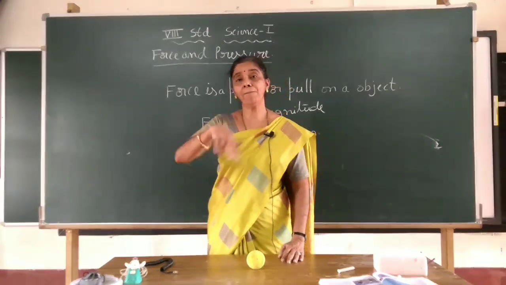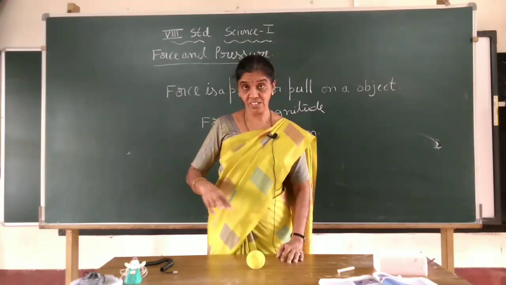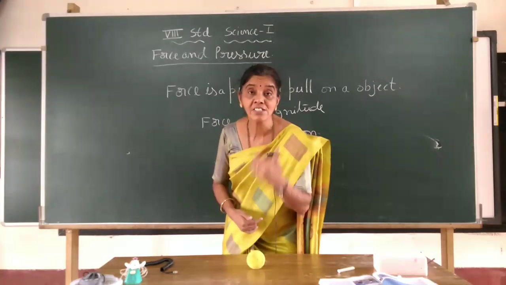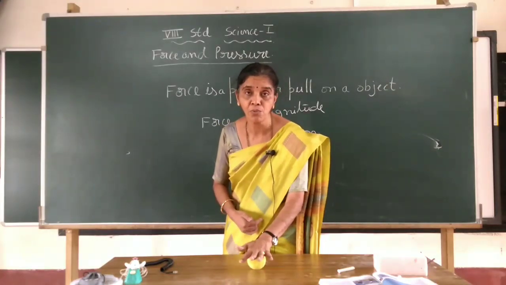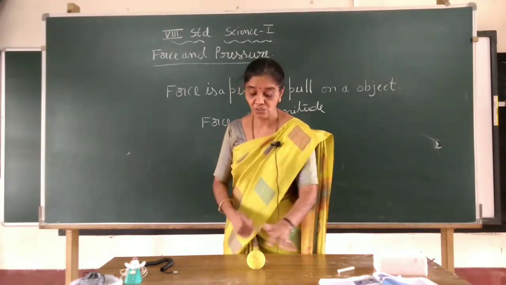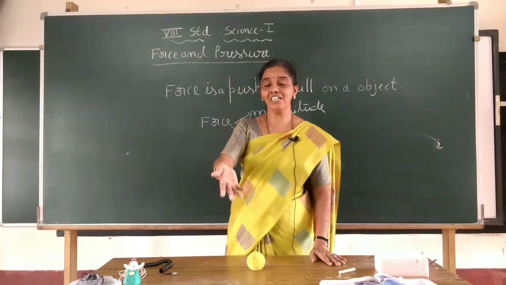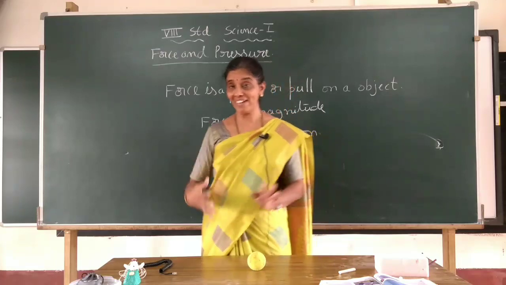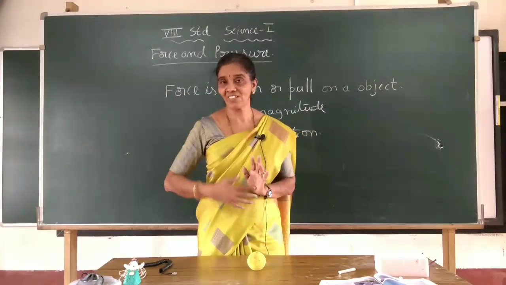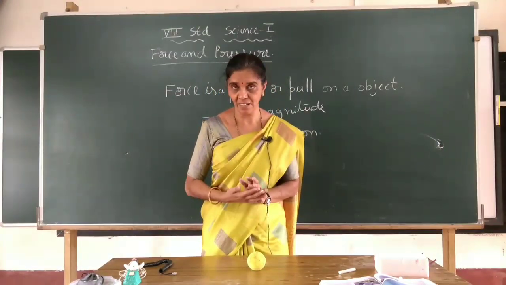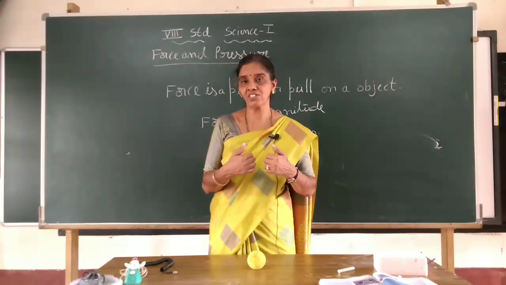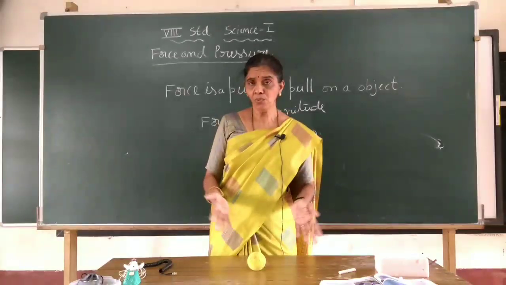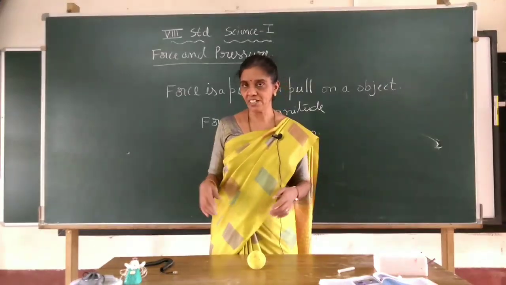So when you apply two opposite forces, when they become equal, then the resultant force, the net force, will be 0. The object will not move. Okay, so that is the result of many forces when applied on the object. If they are applied in the same direction, all the forces will add up with one another, and if they are applied in the opposite direction, then it will not move if the two forces are equal.